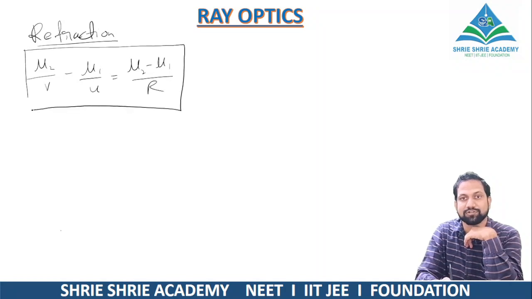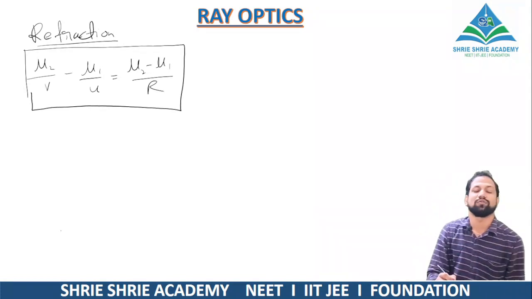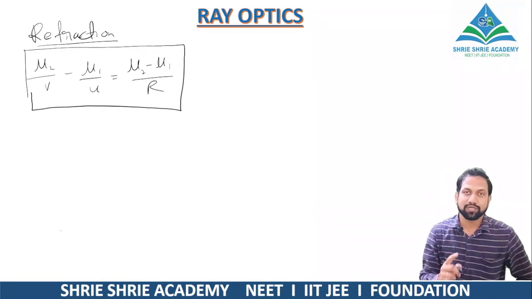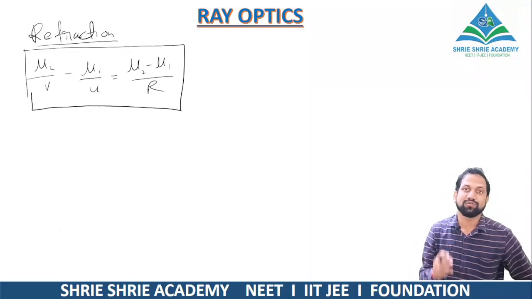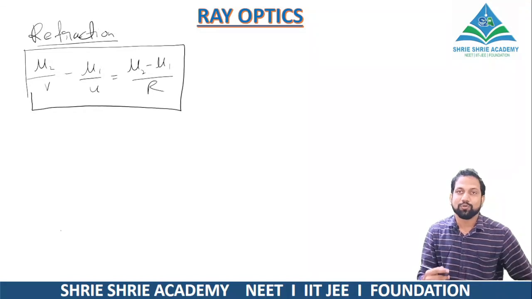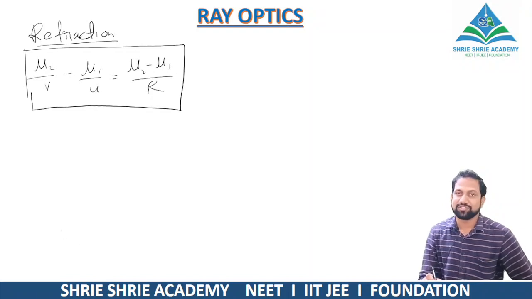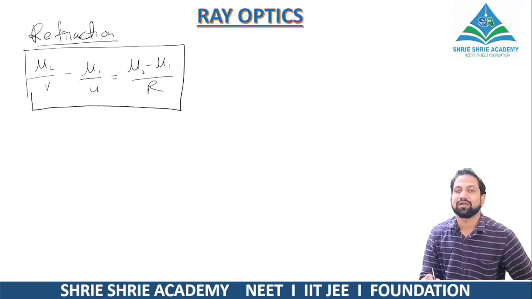Here I should explain what mu2, mu1, u and v are. Remember, mu1 is the refractive index of the medium in which the object is existing. Mu2 is the refractive index of the other medium. V is the image distance, u is the object distance, r is the radius of curvature of the interface.